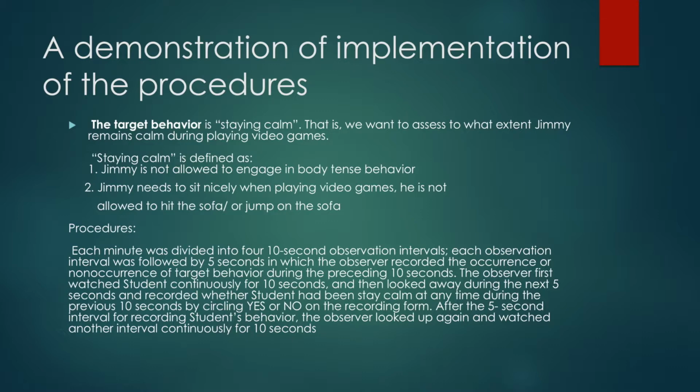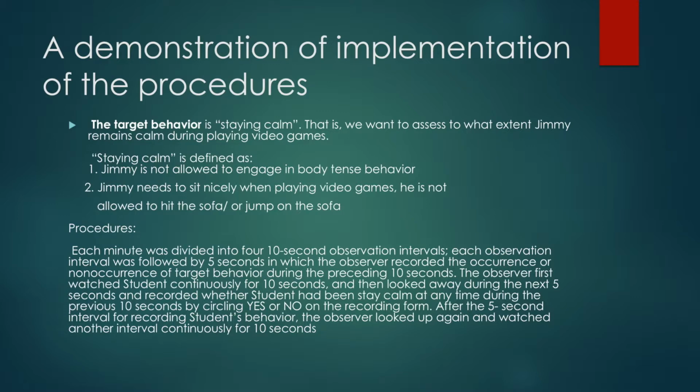So what are the procedures? First, each minute will be divided into 4 10-second observation intervals, each followed by 5 seconds in which the observer, that is me, can record the occurrence or non-occurrence of the target behavior during the preceding 10 seconds.